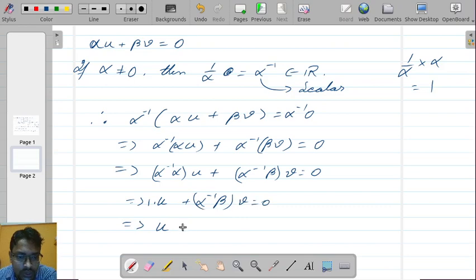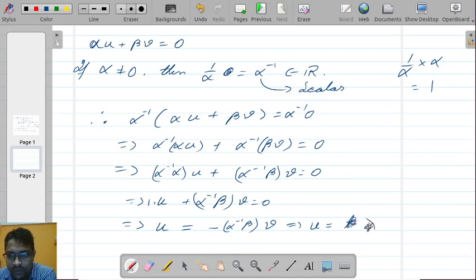So u is equal to minus of alpha inverse beta v. This minus is the additive inverse, because u plus this is 0. We can take the minus inside and write u equal to lambda times v, where lambda is nothing but minus of alpha inverse beta.